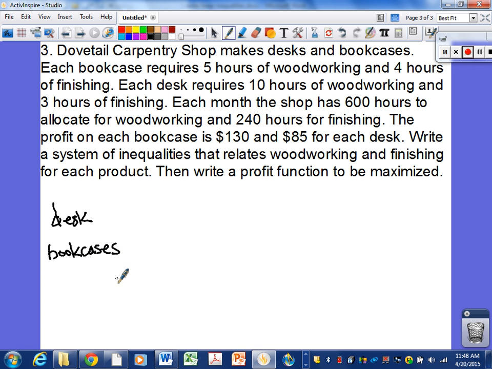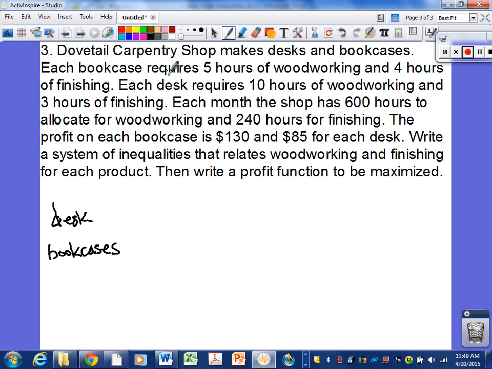On the paper here, well, your paper is number 3, but this is number 2 example. I know, very confusing, sorry. So, bookcases and desks. Those are the two things that you're making.